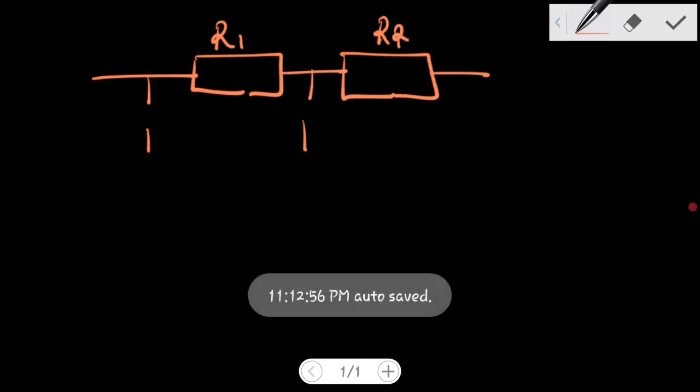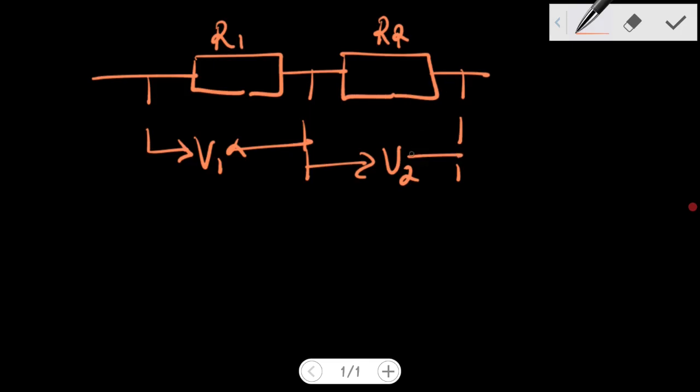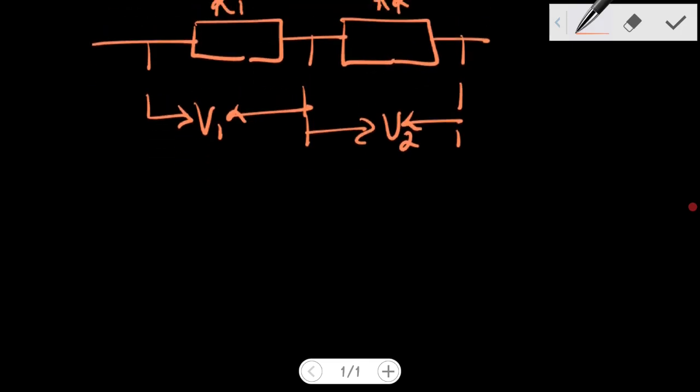Now let's say the PD across R1 is V1, and the PD across R2 is V2. When we are in series connection, let's say we want to get the PD across one of the resistors.